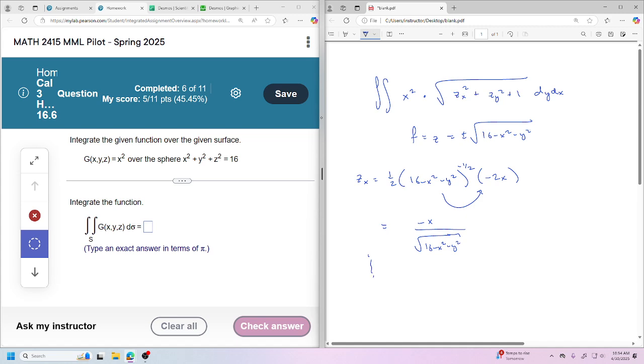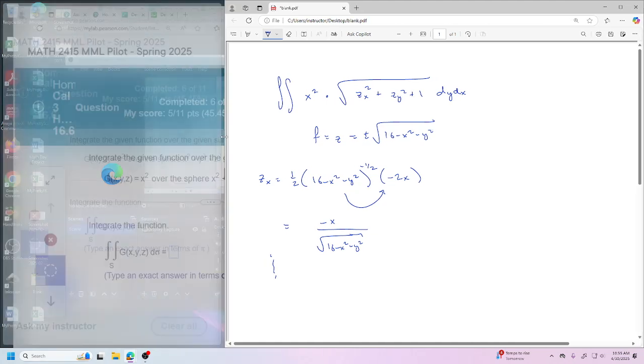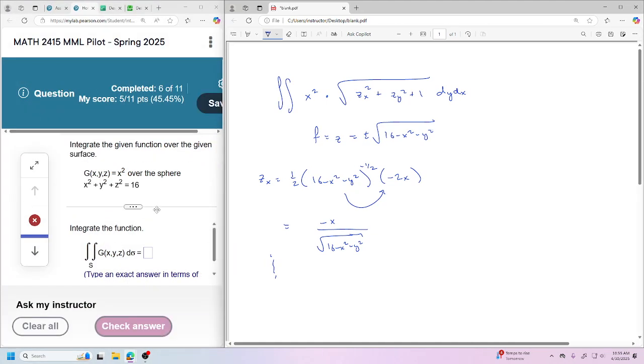And similarly for z sub y, it'll be the same kind of style. I think I can squish this a little bit now. Yeah, that's fine. Cool with that? Awesome.